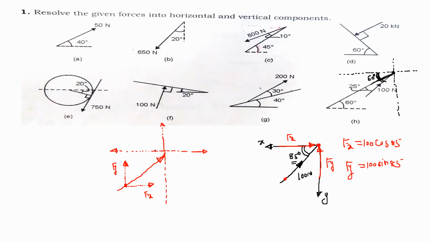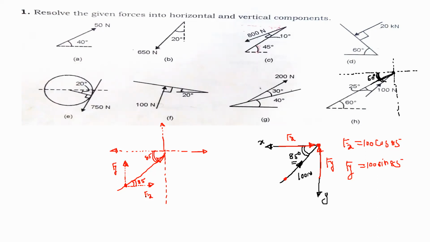Now we have to select the angle. This angle is known, which is equal to 85 degree. As this is 85 degree along the x direction, this will be 85 degree. These are the alternate angles. These are two parallel lines, and this is the intersecting line.